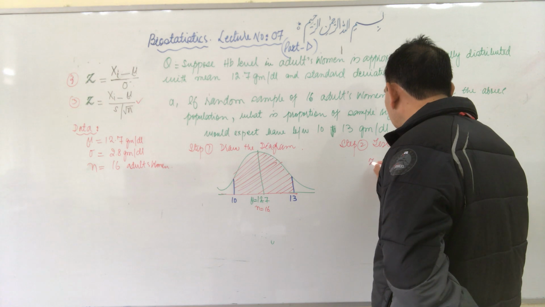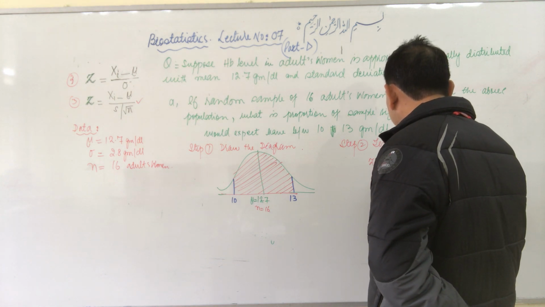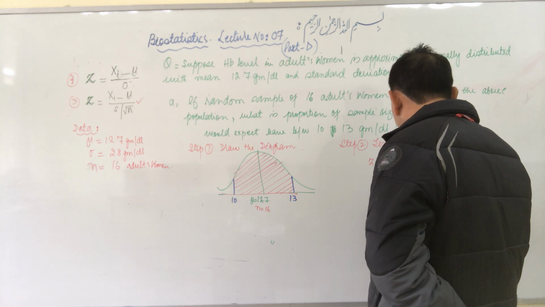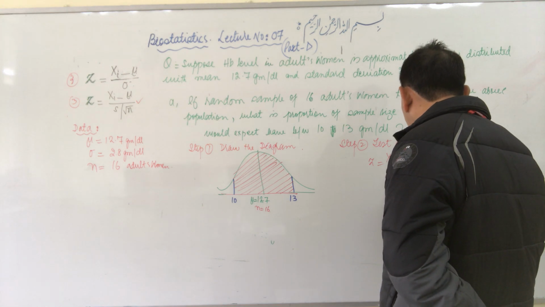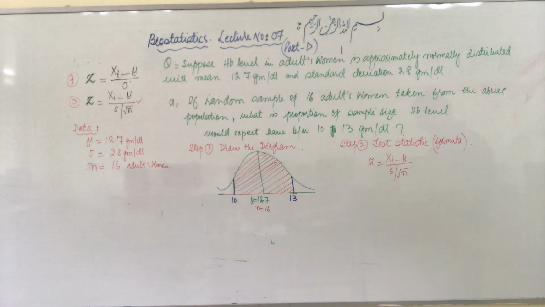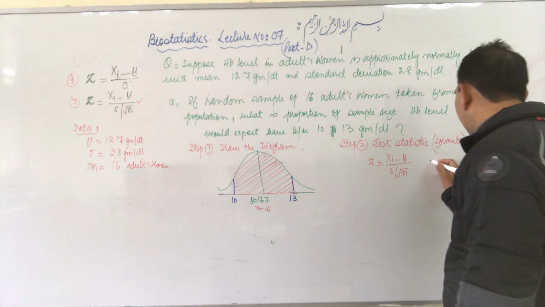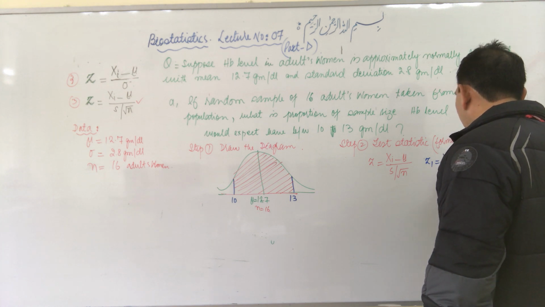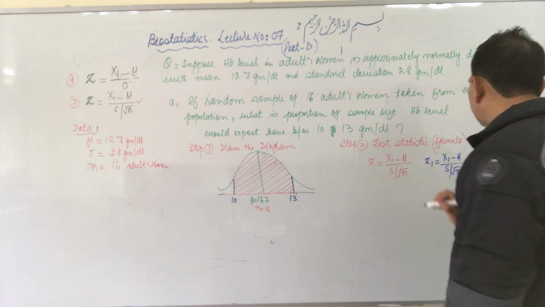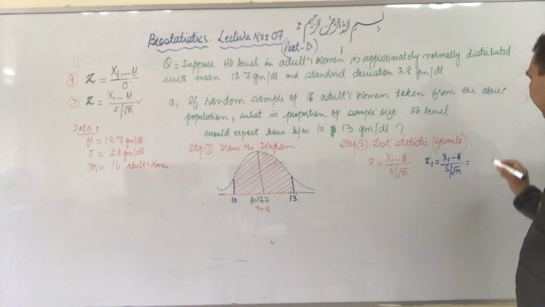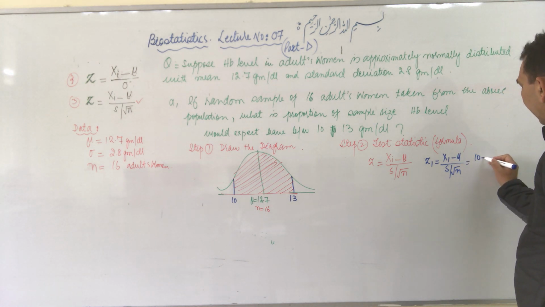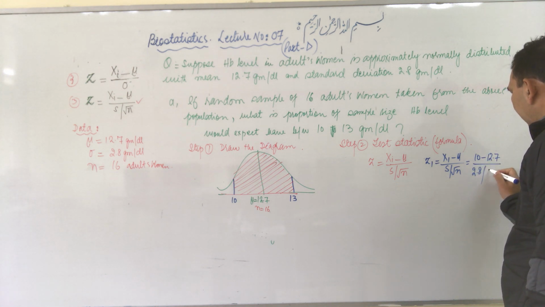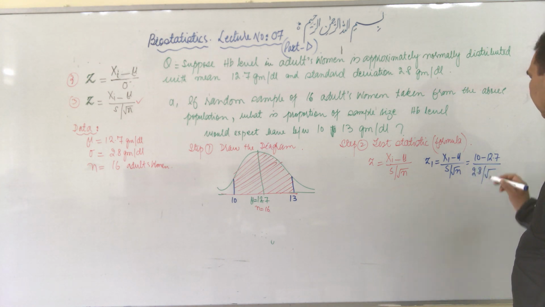We will use Z equals Xi minus mu divided by sigma, the standard deviation, divided by square root of n. Now Z1 is x1 minus mu divided by s divided by square root of n. So it is 10 minus 12.7 divided by 2.8 divided by square root of the sample size, which is 16.